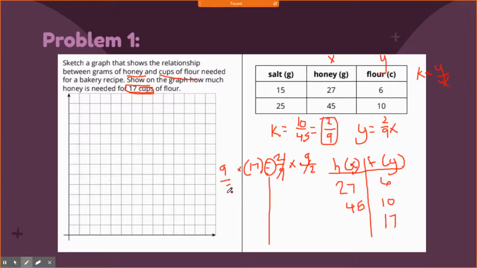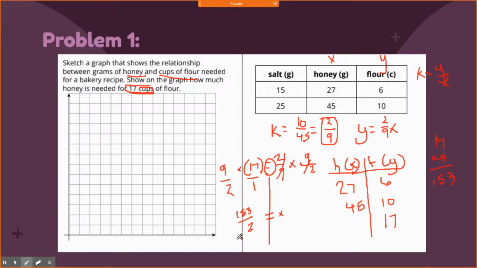I'm going to put this over 1. I can't simplify any of this, so I'm just going to do 17 times 9. 9 times 7 is 63. Carry the 6. 9 times 1 is 9, plus 6 is 15, so 153. Then I have 153 over 2 equals x.